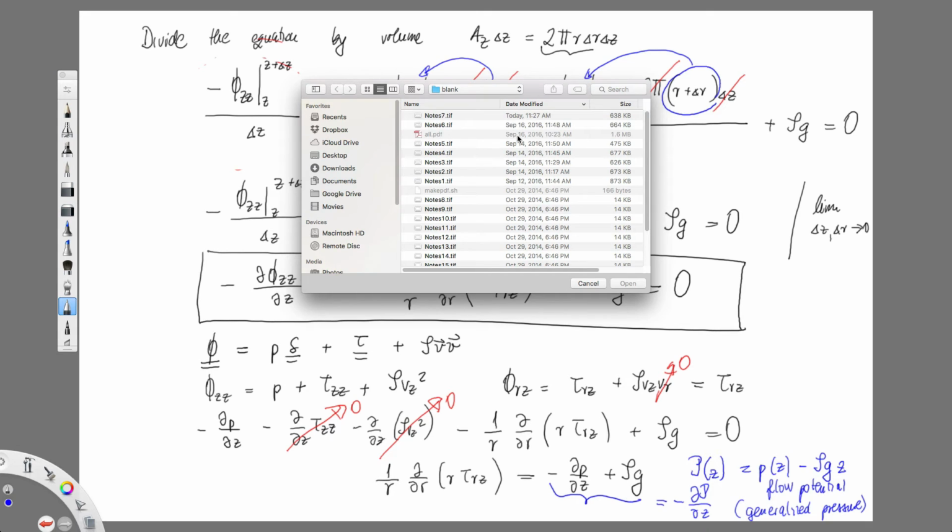Did everybody write down before I change the page? So what I really have is minus 1 over r, where did I pick up the minus from, partial r of r tau rz, or alpha, is equal to minus dp dz. Now, technically, since I'm assuming that my velocity is a function of r, the only velocity that I actually have in the system is a function of r, so this has to be a function of r as well.